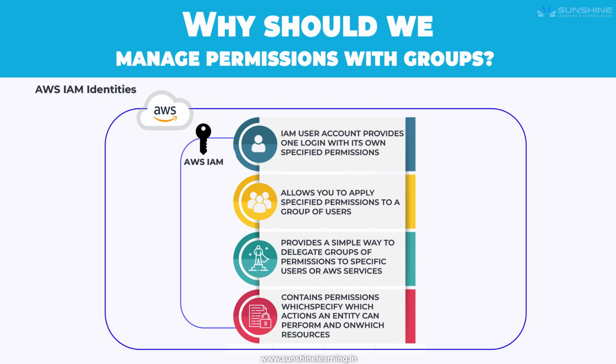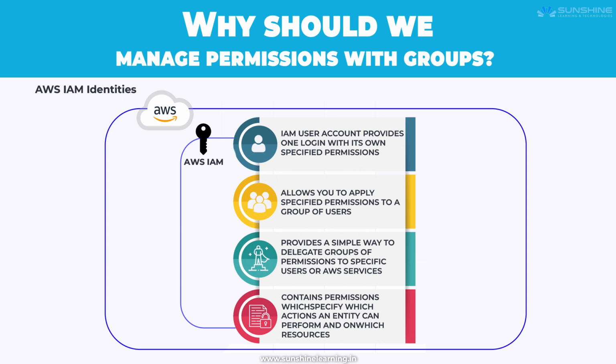So it is important for us to manage the permissions with the group so that accordingly the users that are added in the group get the permissions. So in big organizations where there are hundreds of employees that are going to work on the AWS account of the organization, group creation is a beneficial way of managing the credentials. So this way, let's say if an employee leaves the organization and a new one joins, it becomes easier for the admin to create the credentials and provide the access to them as well.